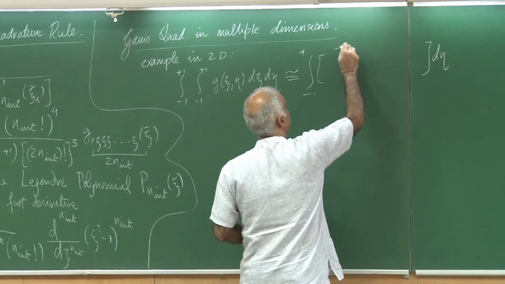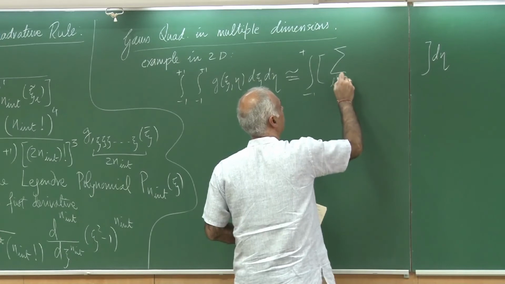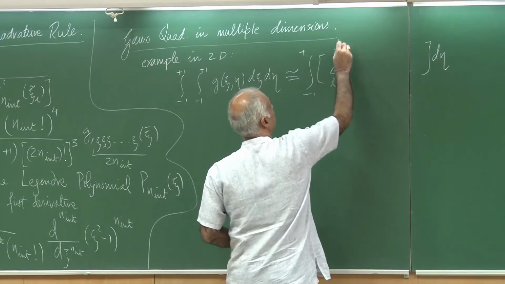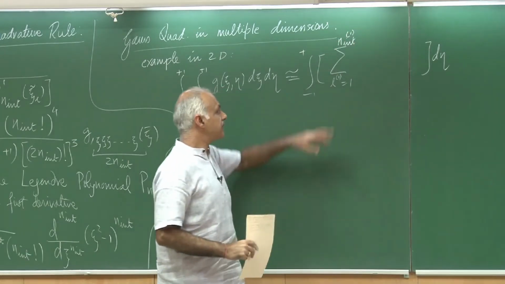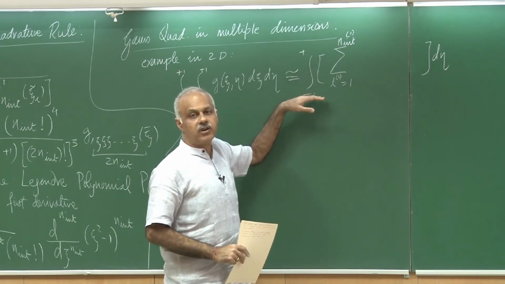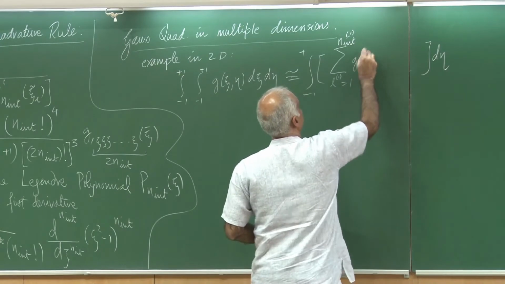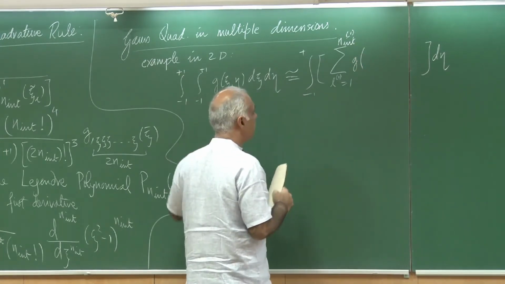So, this is the expression I will use. My index now would be L1 because it is the first dimension. This will go from 1 to n int 1. The superscript here refers to the first direction, and this function g here is evaluated at the quadrature points.